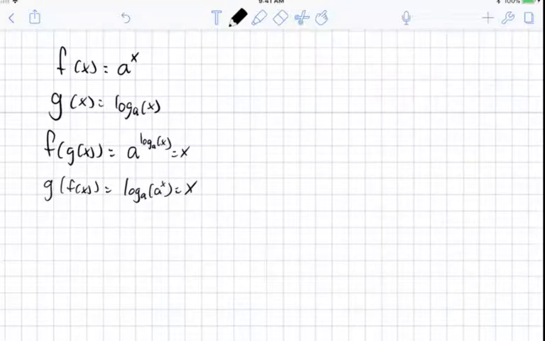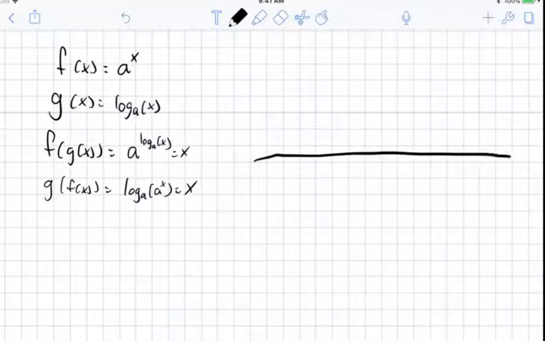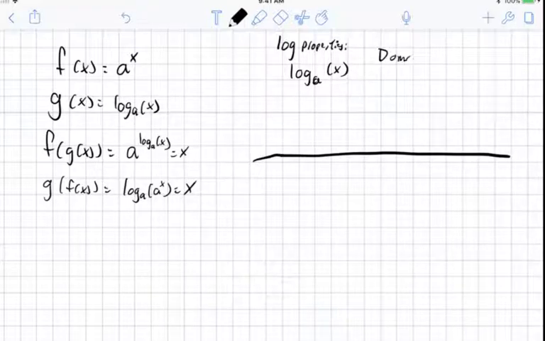In addition to that, we talked about logarithm properties, right? So you know that log base a of x has a domain: x has to be bigger than 0.